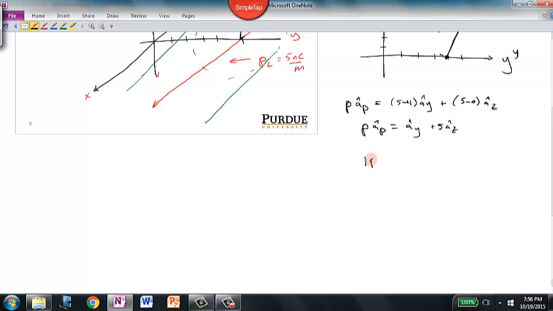The magnitude of rho is therefore equal to the square root of 1 squared plus 5 squared, which is the square root of 26, and the unit vector pointing in the rho direction is going to be a hat y over root 26 plus 5 over root 26 a hat z.